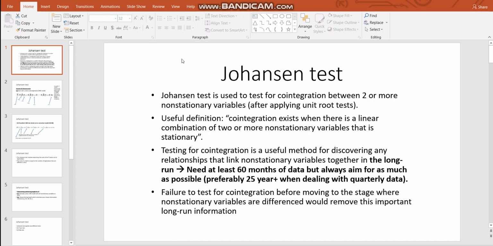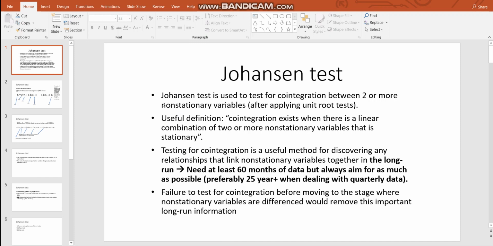And finally, I'll also be talking about how you end up deciding how many cointegrating relations you have between your selected non-stationary variables.